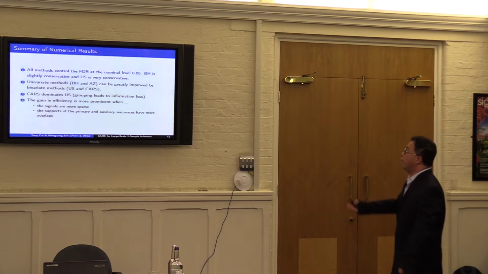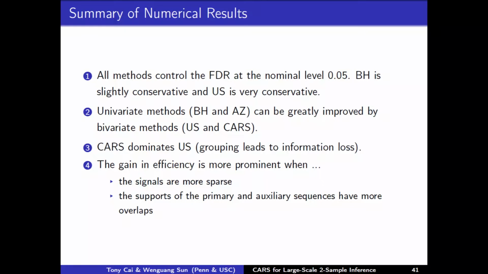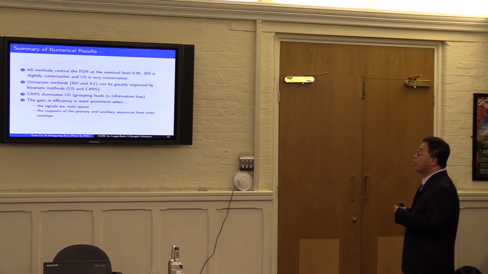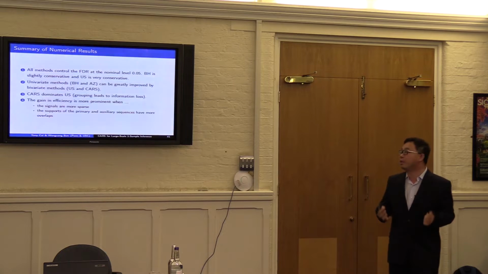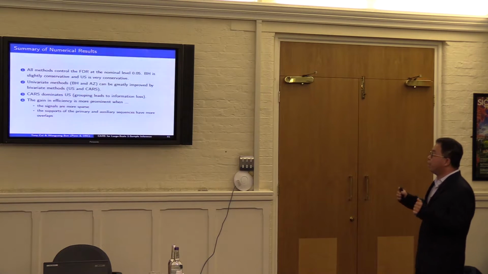A very quick summary of the numerical results. All methods control the FDR at the nominal level, and the univariate methods can be greatly improved by bivariate methods. The CARS method will dominate the uncorrelated screening because we can utilize the auxiliary information as a continuous variable instead of a discrete variable.